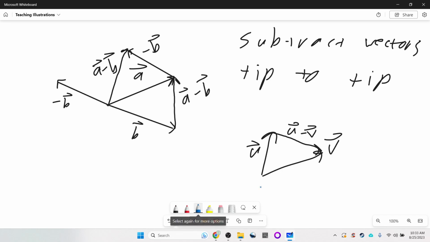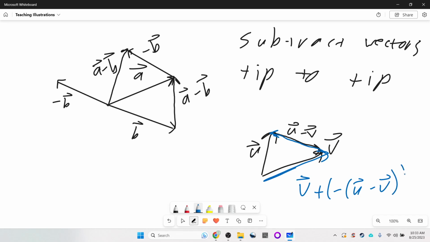Another way of seeing that is you could say, I go along v, and then I go negative u. You can play around with this a bit if you want, make little tessellations to see how it works. But the point is that if we connect two vectors tip to tip, it's the same as subtracting them.